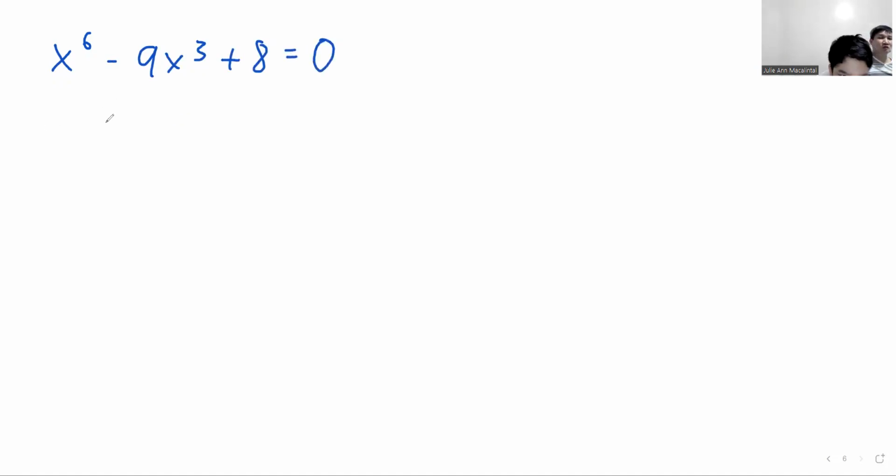So how else can you solve for x there? Instead of treating it as a trinomial quadratic-type equation, we can just treat it as a normal sextic equation. But it's easier because we can simply factor it. We're going to use the factoring method. The expression on the left side is factorable. In fact, it's very easy to factor.